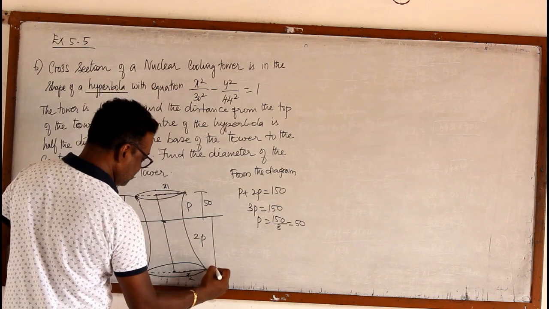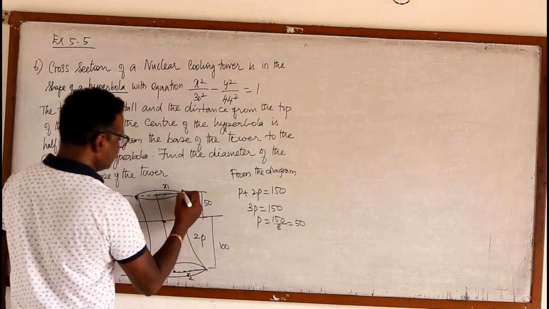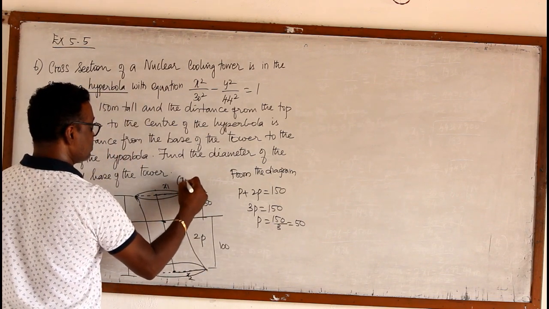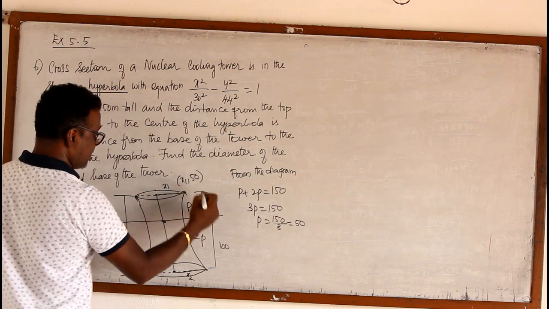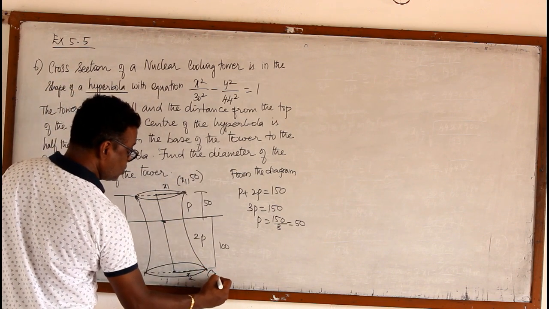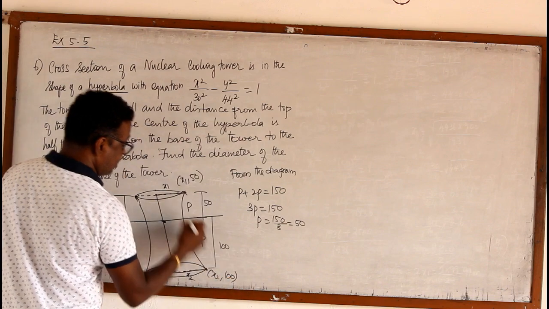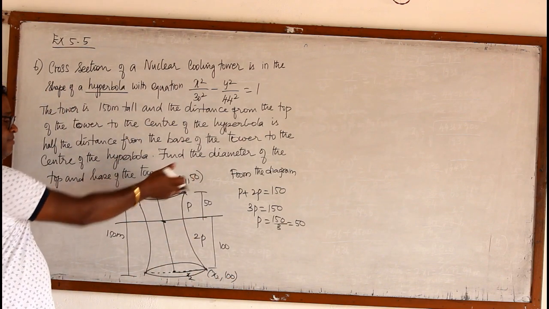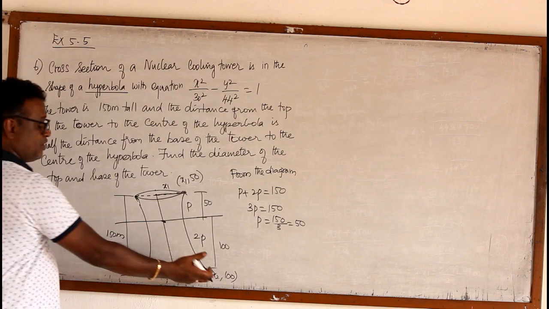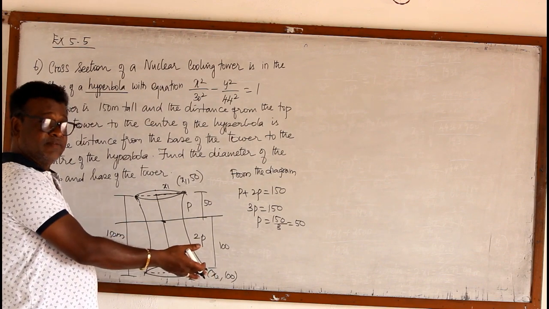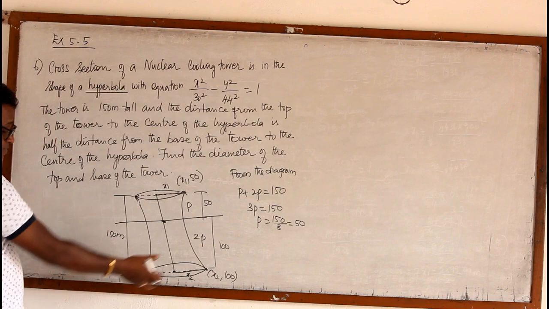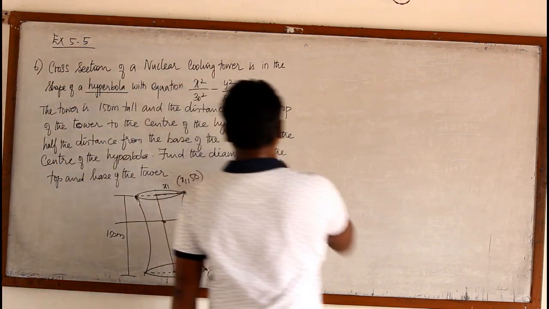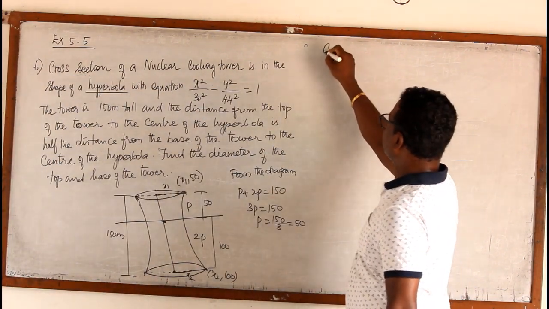Then this height will be 100. Then shall I take this point as x1 comma 50 and this point as x2 comma 100. I have to find x1, then multiply with 2 and get the diameter of the top. Similarly, I have to find x2, then multiply with 2 and get the diameter of the bottom.